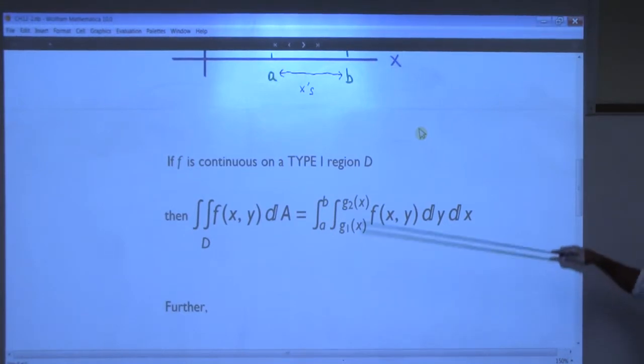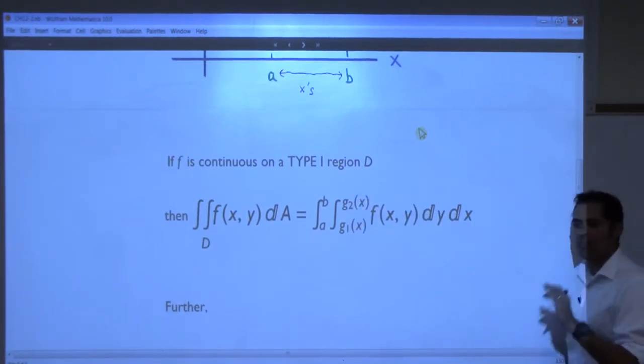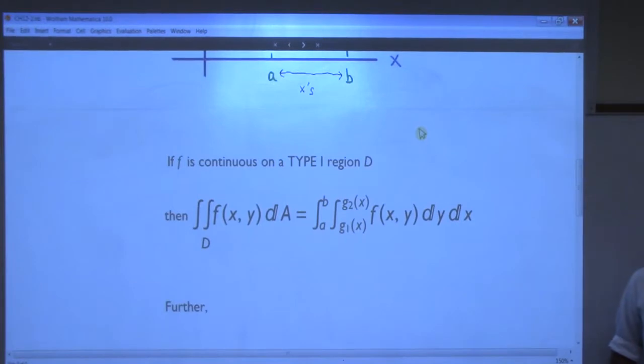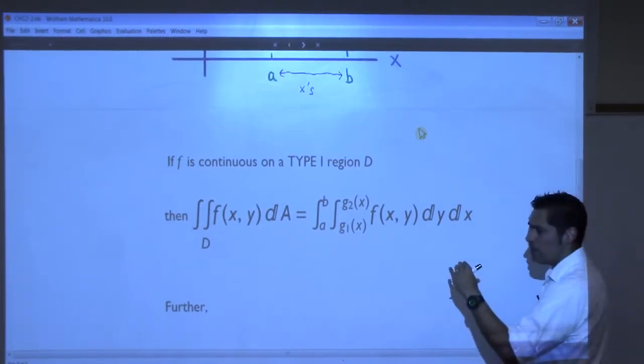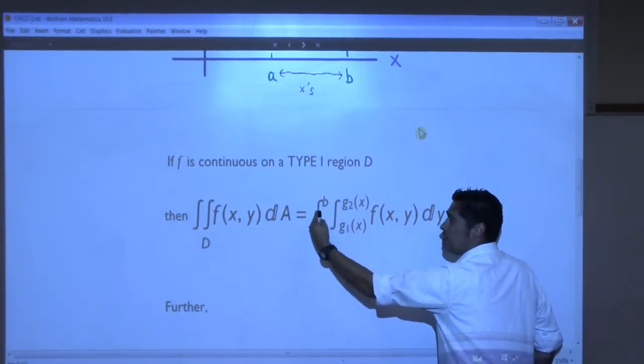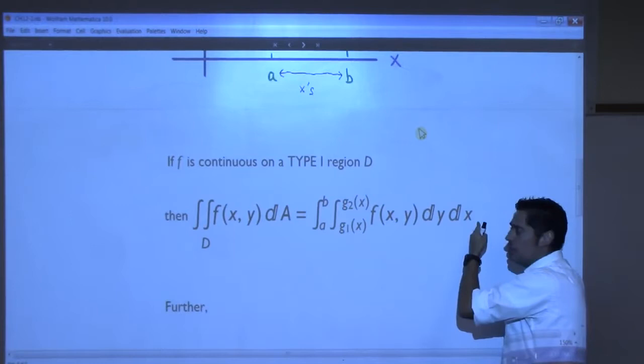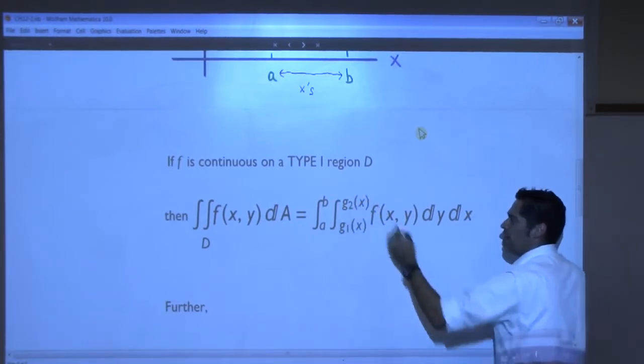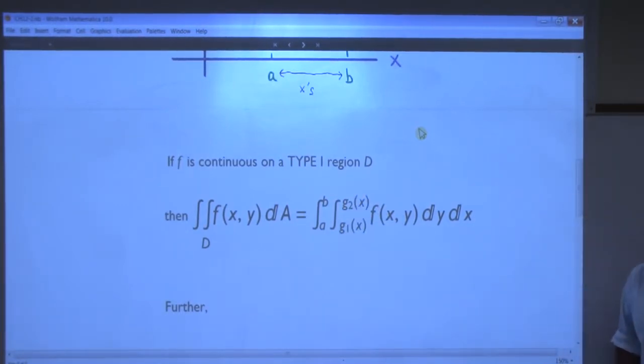There's functions as limits of integration, right? Instead of c and d, we have two functions. And because of that, you are not allowed to change the order of integration. You are stuck. If you're going to do a type 1 region, your constants, a and b, have to be the outside integral. And then the inside integral has to contain the functions. So your order of integration is fixed.